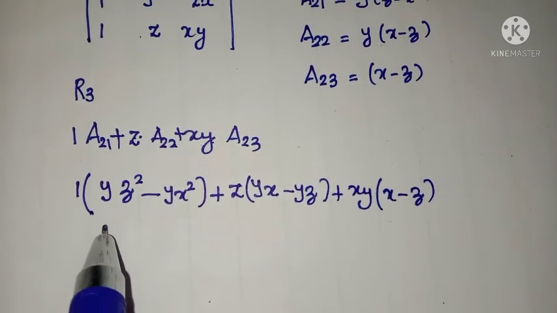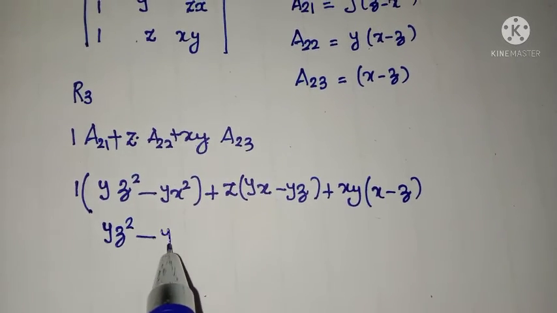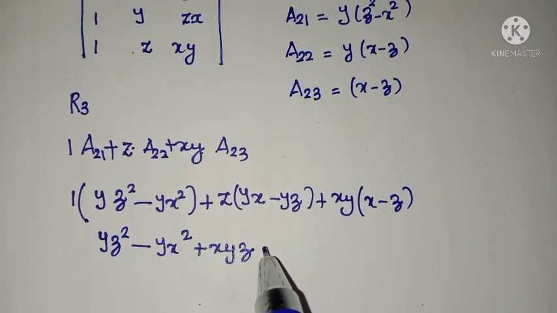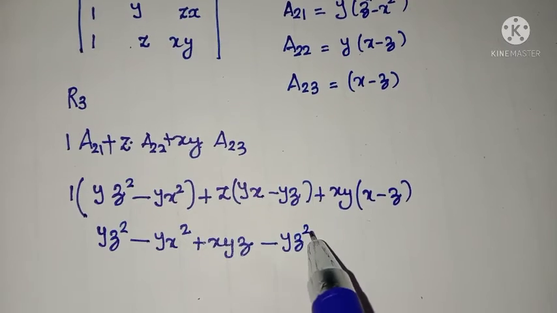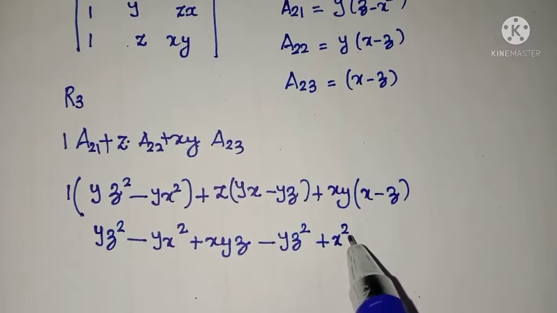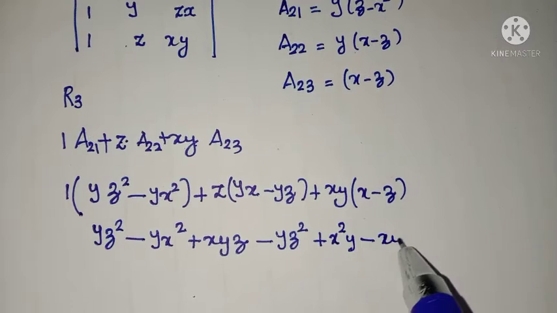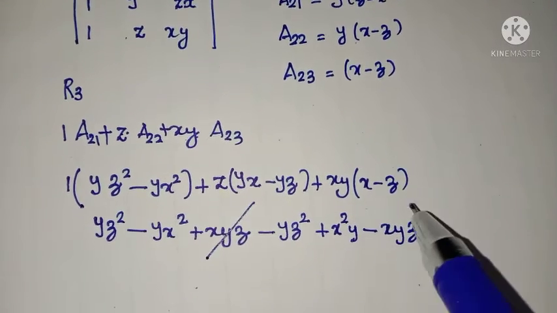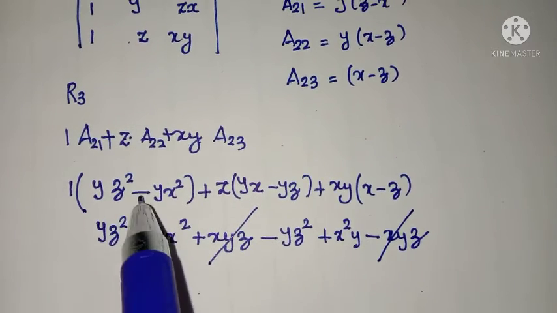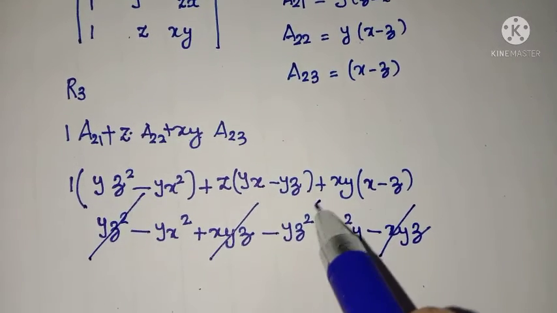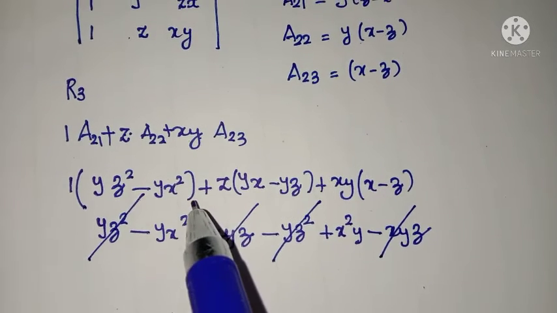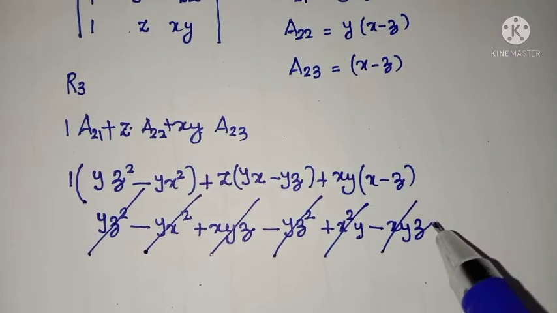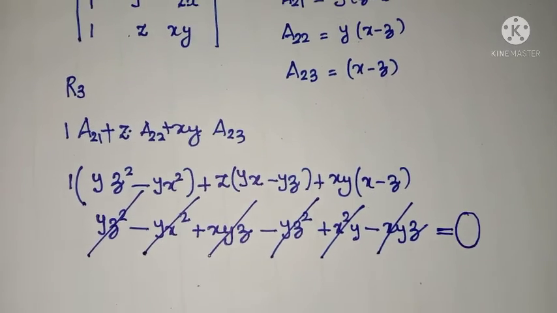Now open the bracket. This is yz square minus yx square plus xyz minus yz square plus x square y minus xyz. Here we can cancel xyz minus xyz, yz square minus yz square, and minus yx square plus yx square, and therefore it is equal to 0.